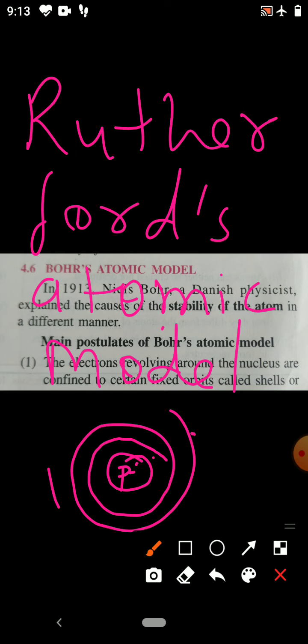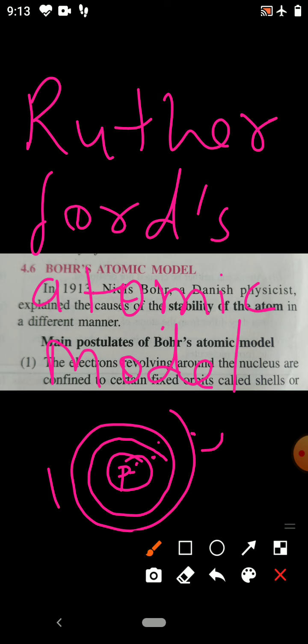But when the electrons move around the nucleus, they must radiate out energy and gradually move towards the nucleus following a spiral path.